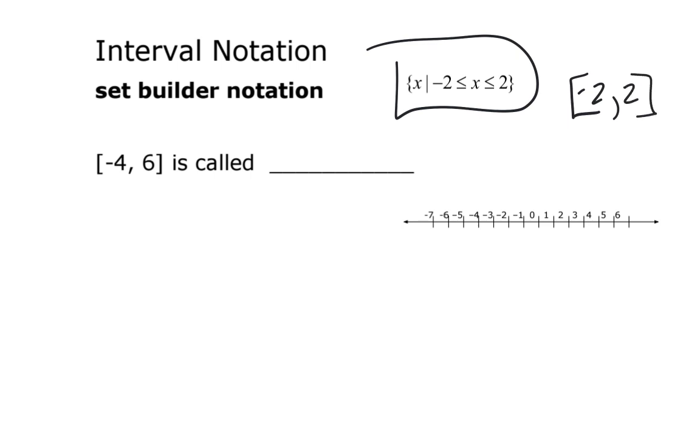So when we have square brackets on each end, what we're saying is that interval is closed. So when both are square brackets, we call it a closed interval. And remember, in terms of a number line, we would represent that as a solid dot at either end. So solid dot at -4, solid dot at +6, and the interval would be in between those two.